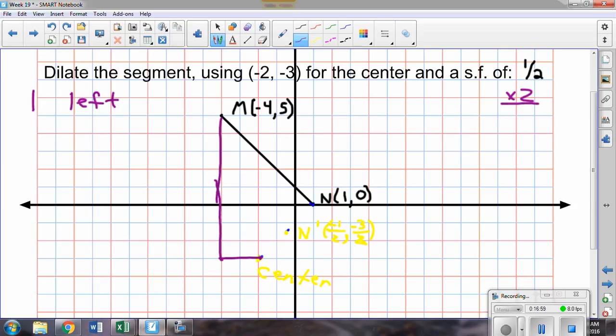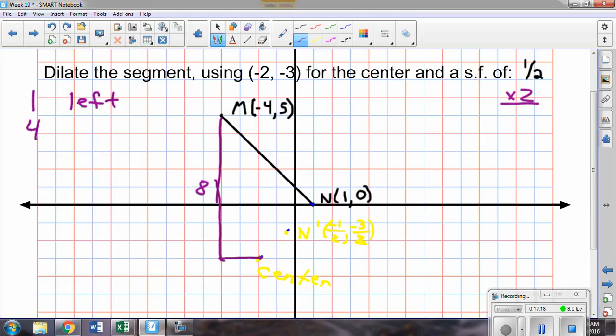We also need to resize the gap going up. How big is the gap going up? Okay, since this is 8, instead of going 8 up, we're going to go half as far. So 4.